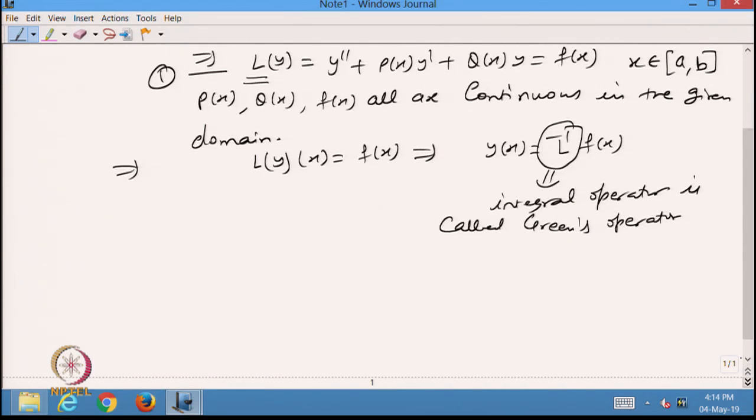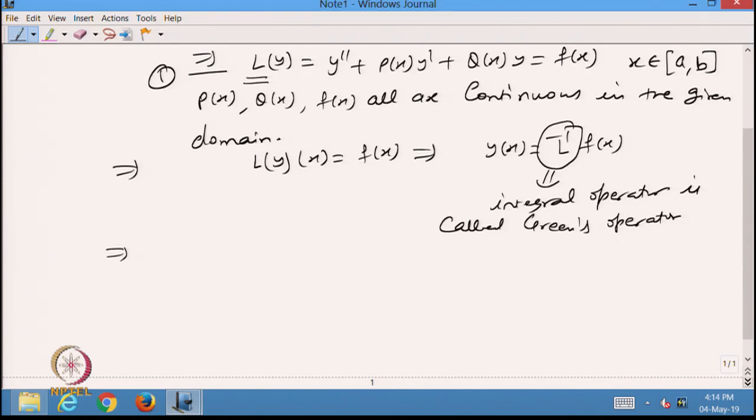Now we are dealing with the second order linear differential equation. If I am able to find this L inverse, then I can find the solution of this equation, and we are able to solve the differential equation.